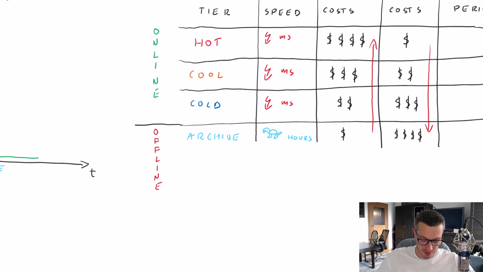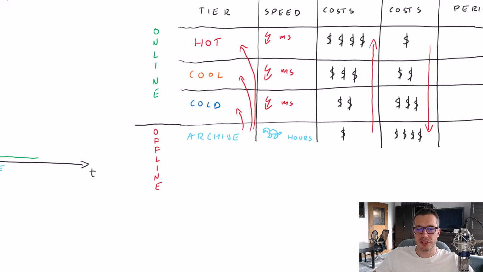First, we've got to move it to one of those online tiers, to cold, cool, or hot. But this operation takes time, up to 15 hours. And only when it is finished, we can read the file.